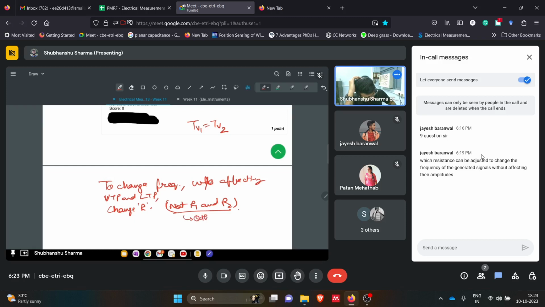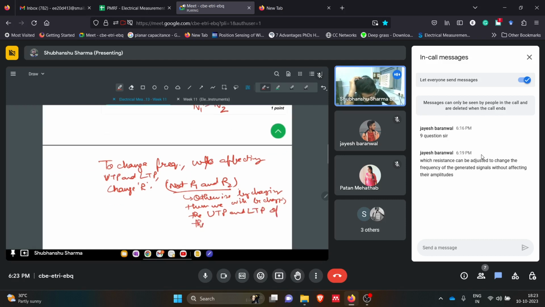Otherwise, by changing them, we will be changing the UTP and LTP of the integrator circuit.